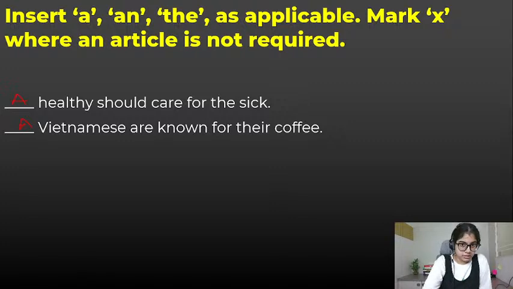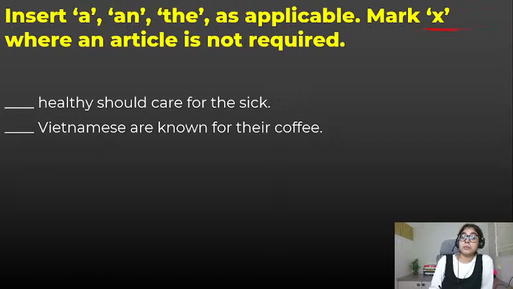All Vietnamese, the entire nation is known for its coffee, not just one random individual or one random cafe. अगर इधर a Vietnamese cafe होता तो समझता, but this sentence is clearly in plural right now, so a or an cannot be used. तो बचा the या फिर no article.